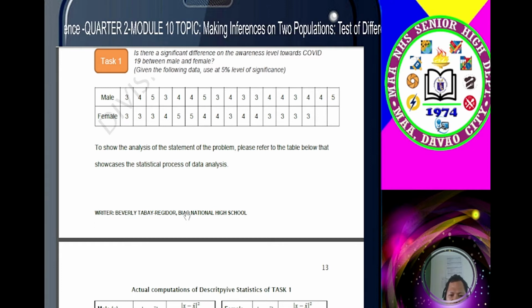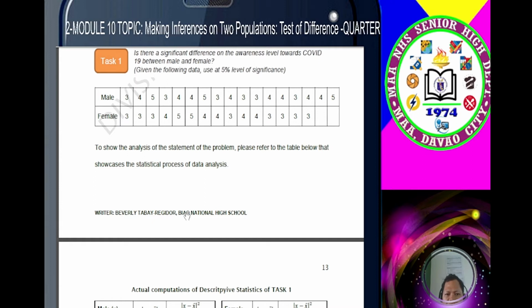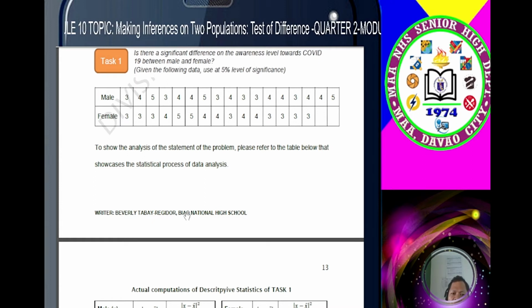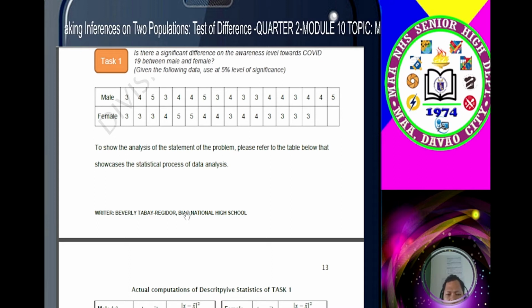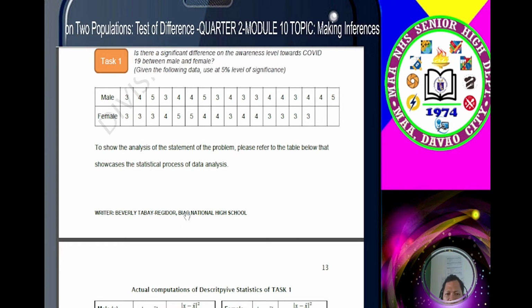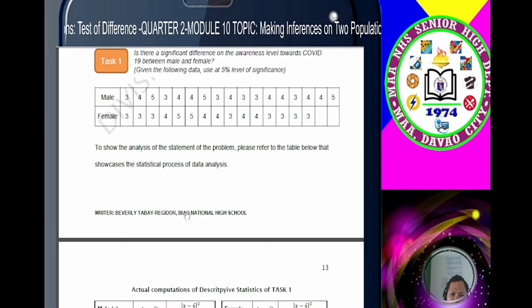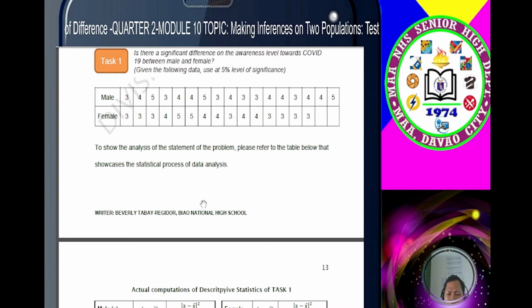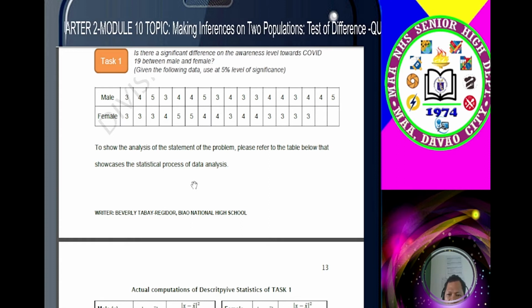What are we going to use here? Since we have an independent variable which is categorical, and a dependent variable which is continuous, in here we will use the independent sample t-test. Okay, because we do not have a pre-test and post-test.